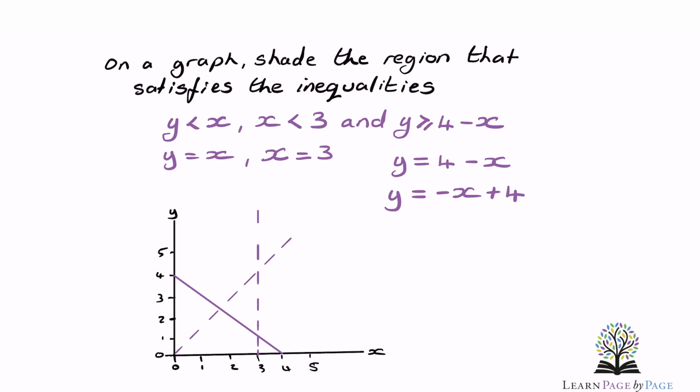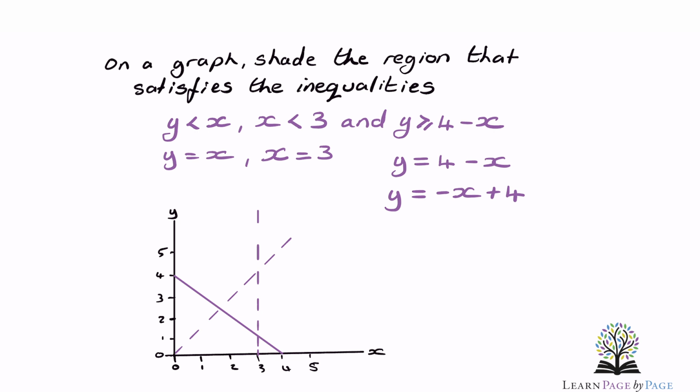Now we've got to shade the region that satisfies all 3 inequalities. The first one, y is less than x. So that was this one here. That means the region we would shade would be below this line. So that would be that area there. The next one, x is less than 3. So that's that line there. And we need to shade a region here because that's when x is less than 3.